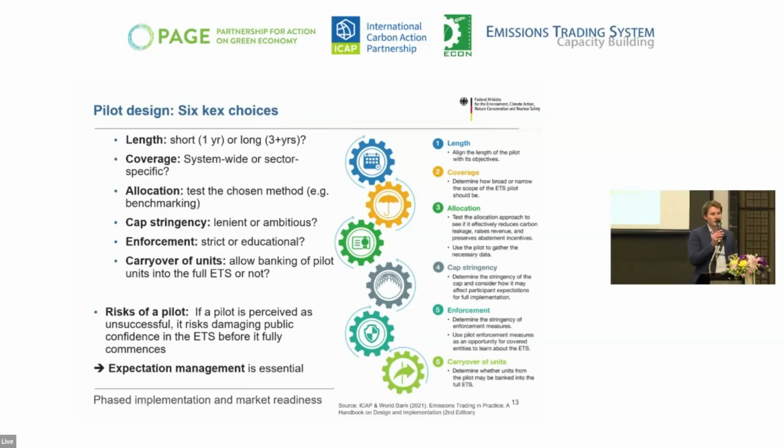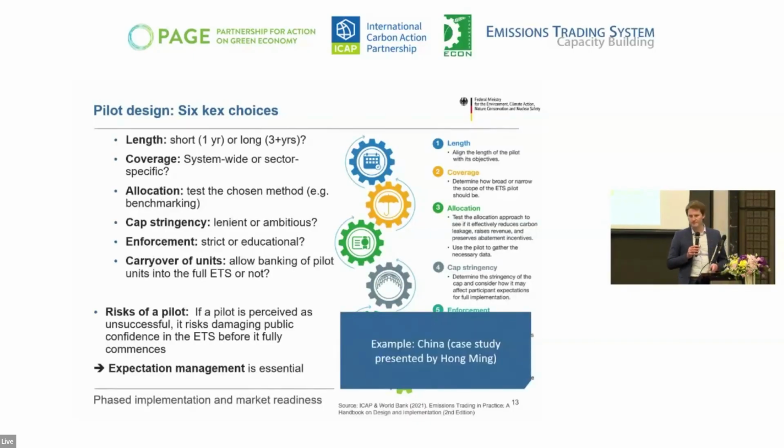So communicating this clearly and managing the expectations is important, not to damage the credibility of the tool itself. An example for a pilot approach to an ETS is China, and we will hear a case study from Hongming just after my presentation. Are there any questions so far?